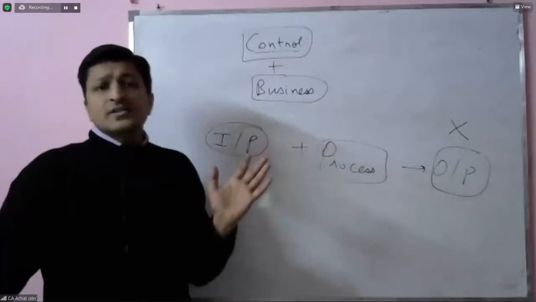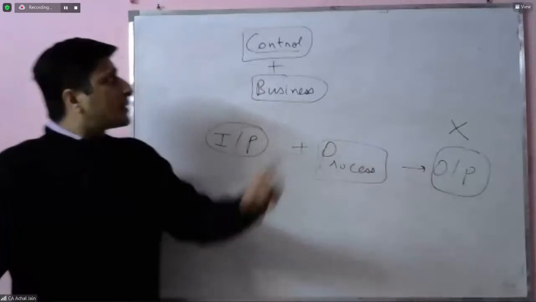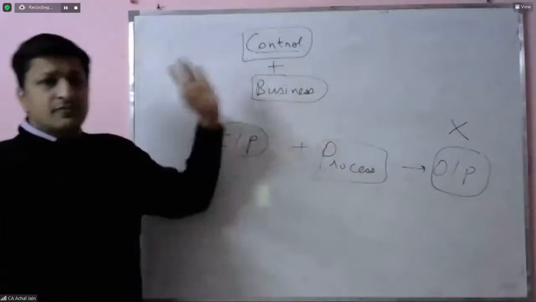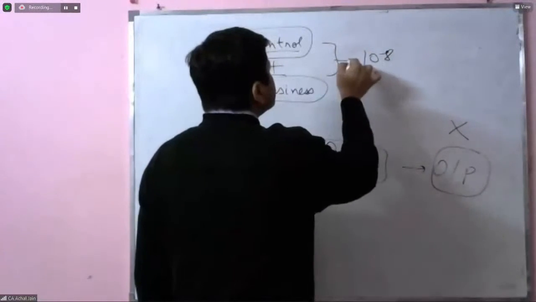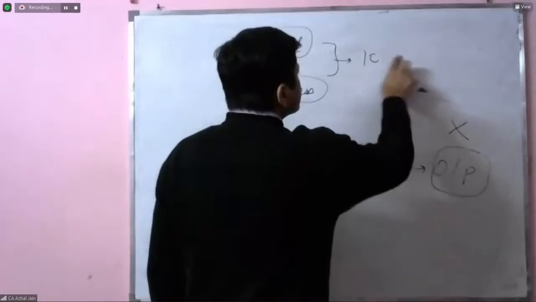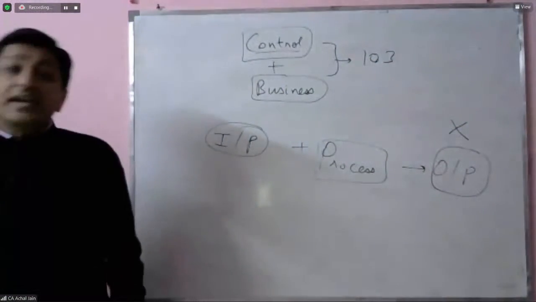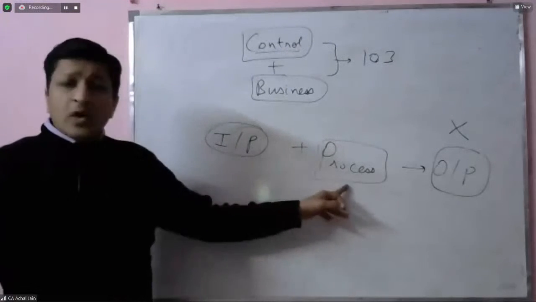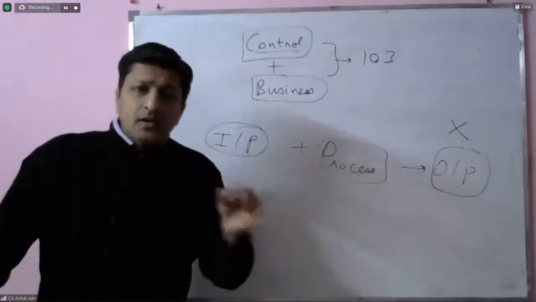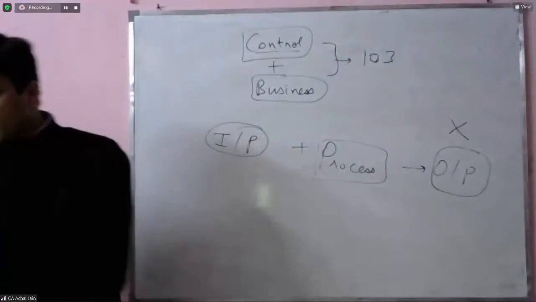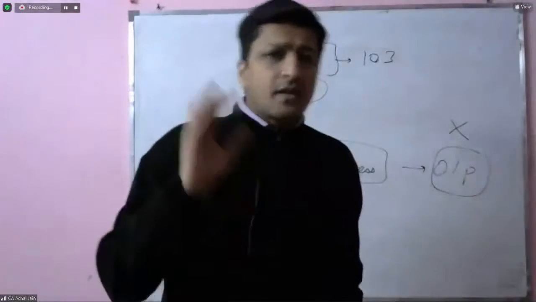If those do not exist, then the business will not be considered to be a business for the purposes of Ind AS 103, which we are considering. But in certain cases, the third, output, may or may not be there. And it can be best understood with the help of some examples.